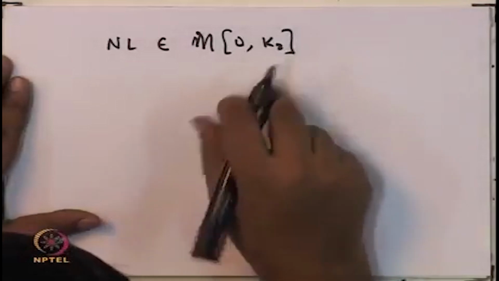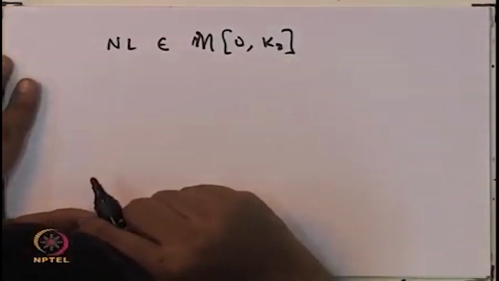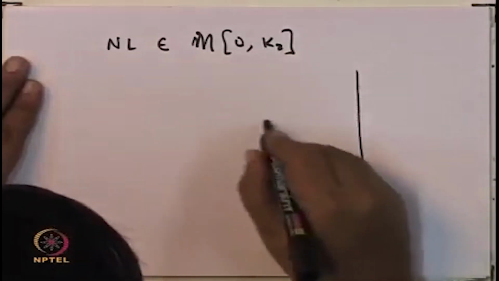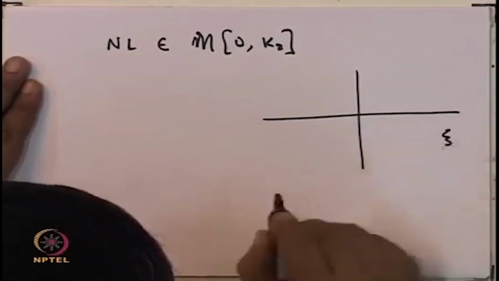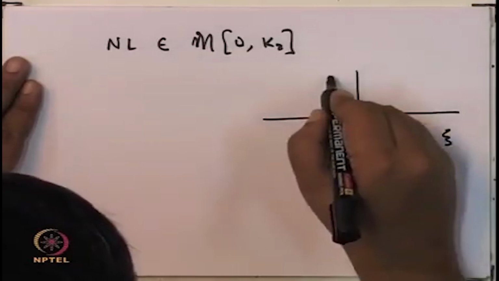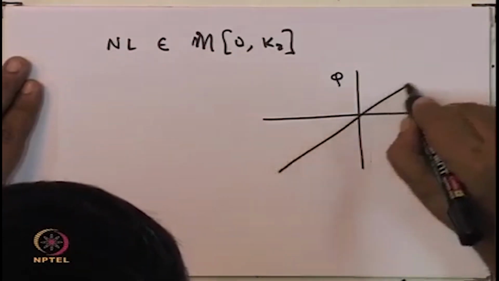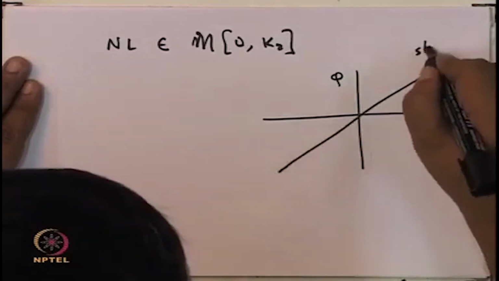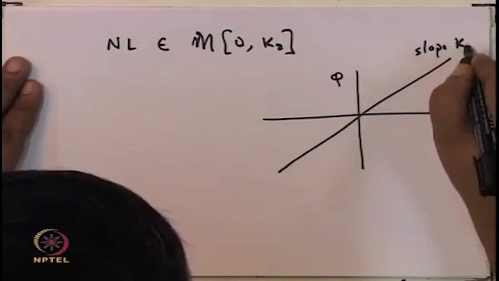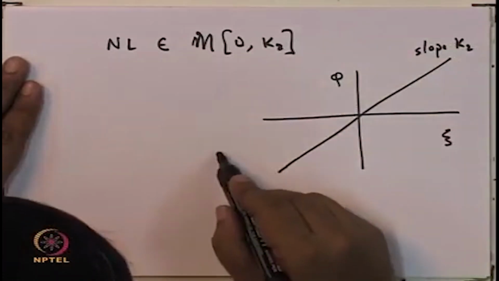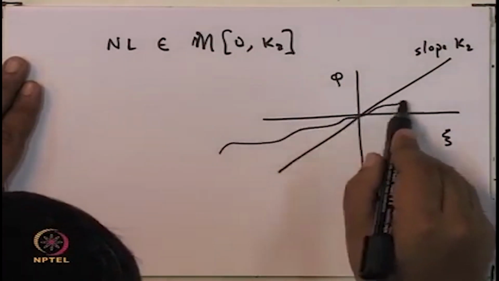So, what will its characteristics look like? If I call this psi the input and this the output phi, and I draw this line which has slope K2, since the nonlinearity lies in the 0 K2 sector, the nonlinearity is something like this.